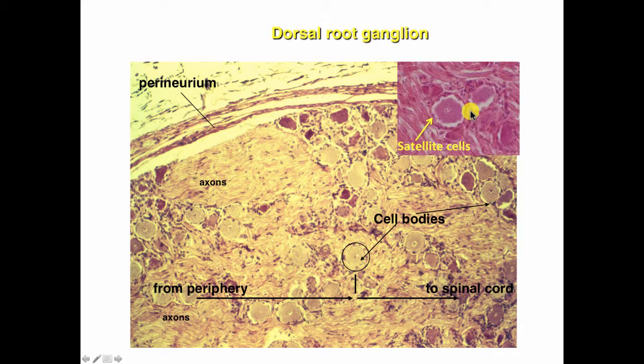This diagram here shows a magnified view of the cell body of one of these unipolar neurons. And what I want to point out here, in addition to the very large cell body with a very prominent nucleolus, are these cells which surround the cell body. This is an artifactual space here, and these cells are called satellite cells.